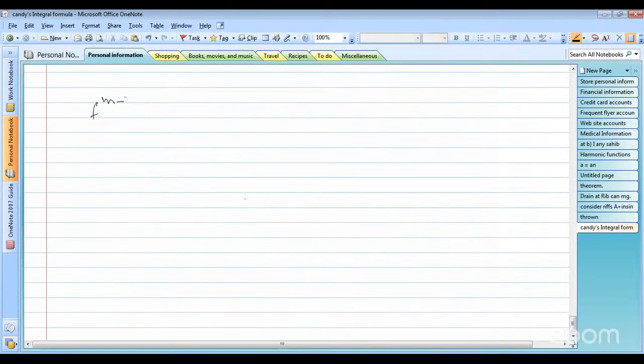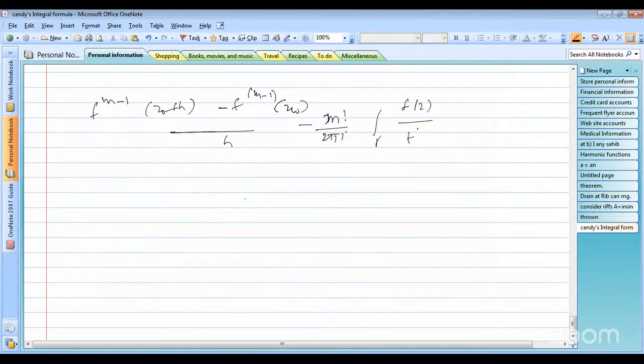f^(m-1)(z0+h) minus f^(m-1)(z0), divided by h, minus m!/(2πi) times the integral over gamma of f(z)/(z-z0)^(m+1) dz. So here, taking the right hand side of the new variables, the fourth one and the fifth one, we take them to one side.